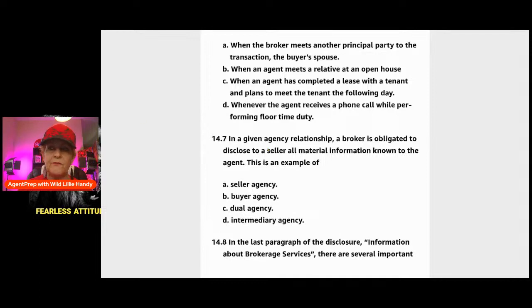So what kind of agency relationship do they have if they're dealing with a seller?